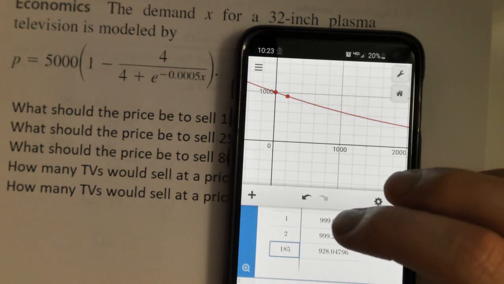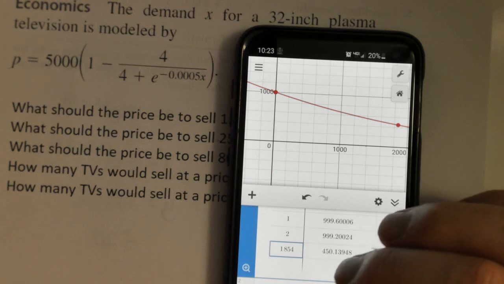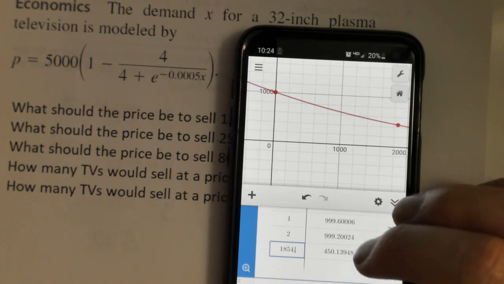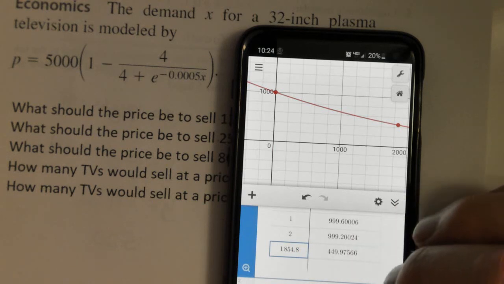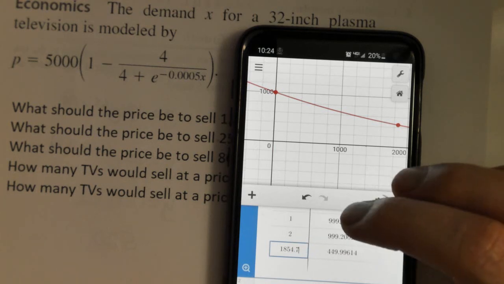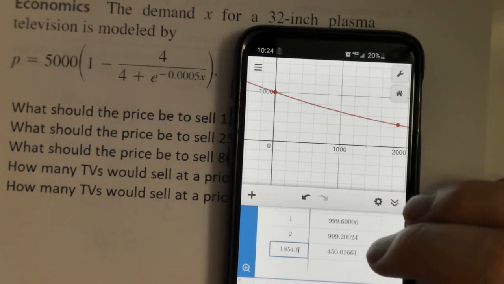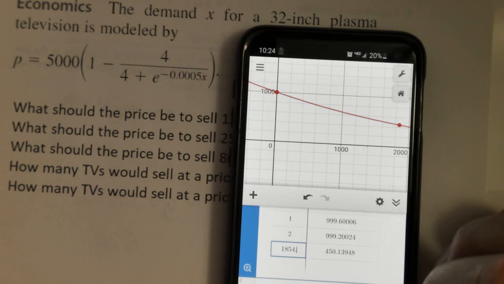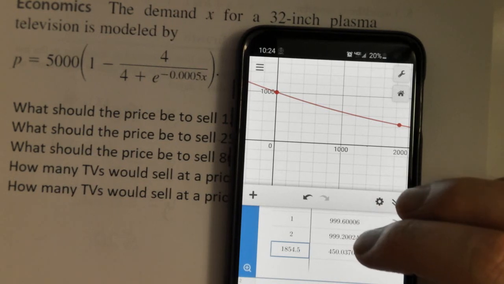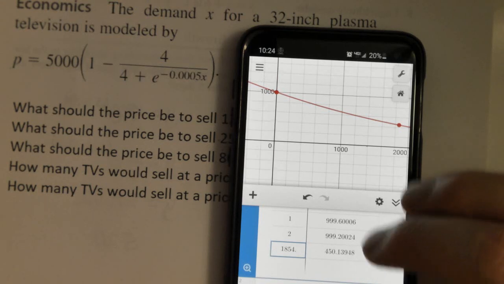So I'm going to go 854 and see if I can hone in on it. 854.8, that dropped me below. What about 7? That's below. What about 6? We're above at 6. What about 5? I'm above at 5.